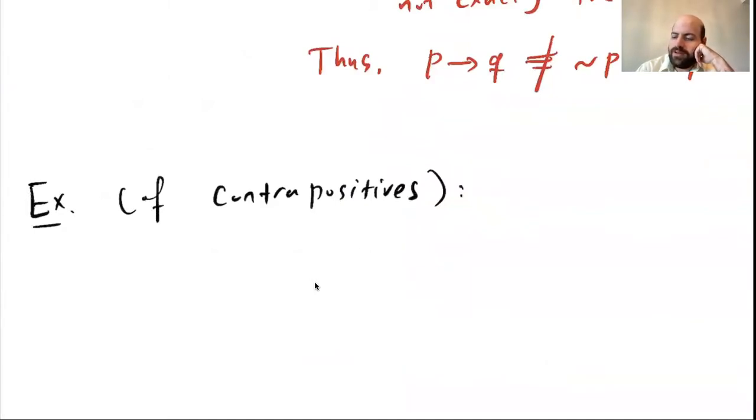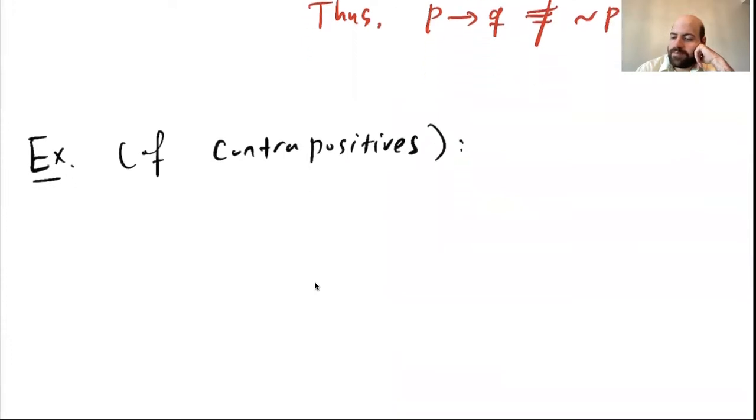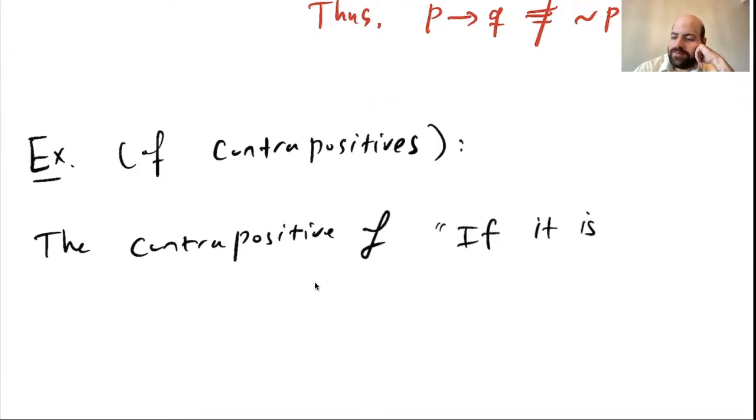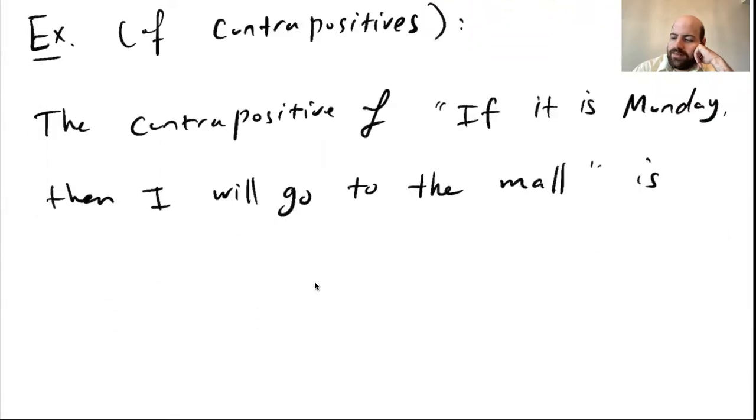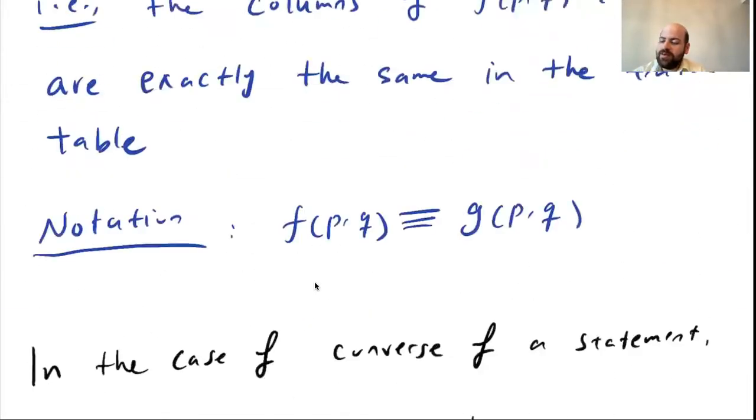So here, again, let's consider the same example. So the contrapositive of if it's Monday, then I'll go to the mall is, so P implies Q, the contrapositive, let's remind ourselves.